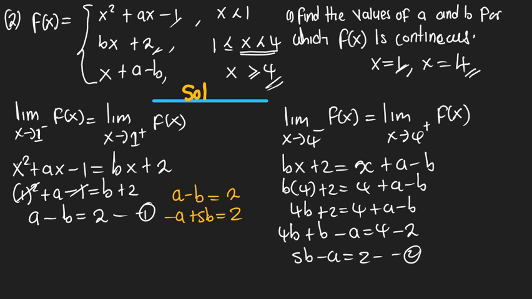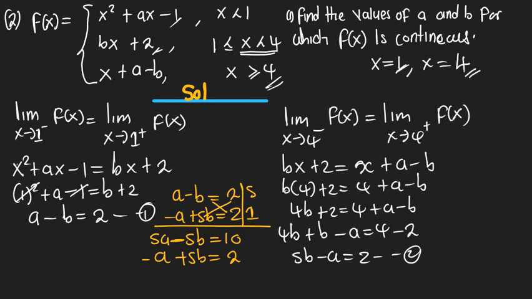Same concept. This goes this side, this comes here, so this is positive 1. Just don't worry about the negative sign, just get the coefficients 1 and 5. Then we multiply, so this is going to be 5a minus 5b equal to 10. This is going to be minus a plus 5b equal to 2.